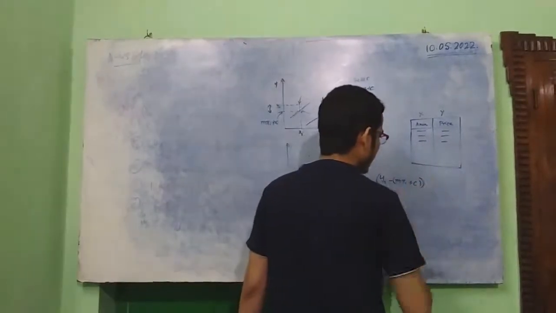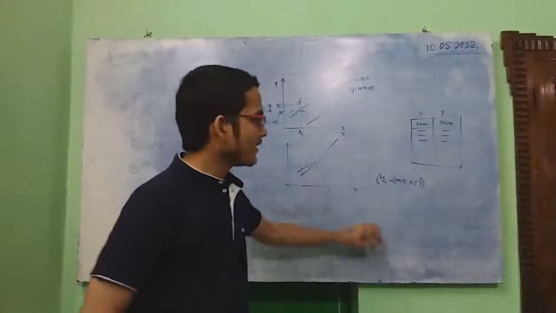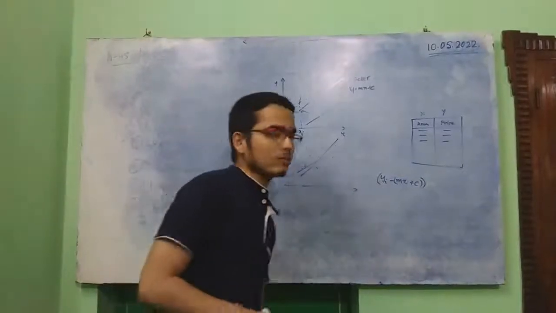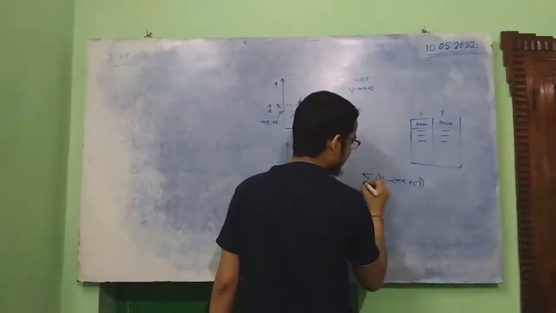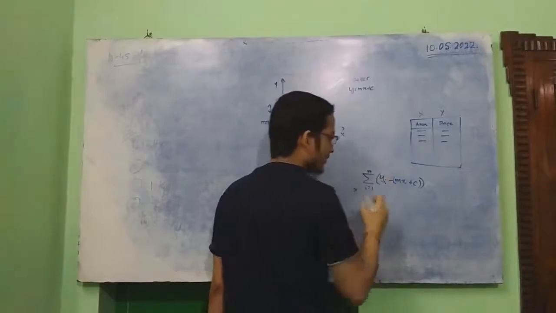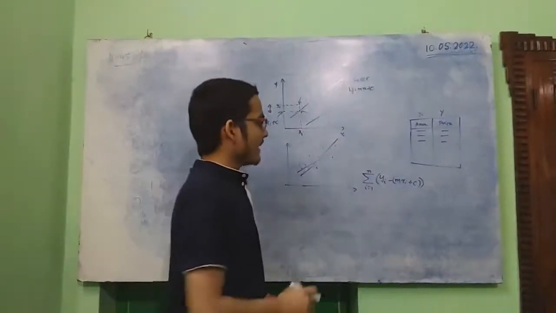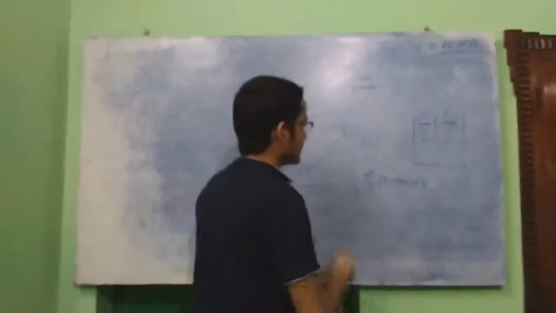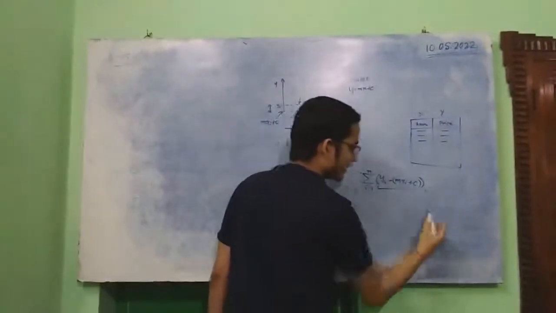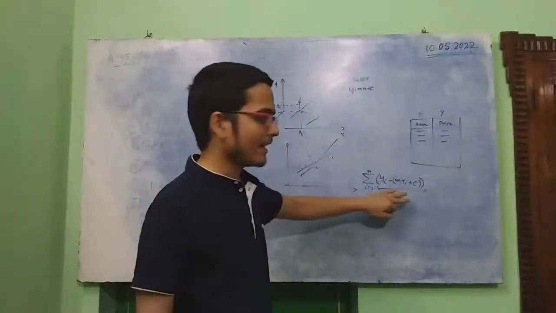So we need to minimize this error. First we are going to add it up across all the data points. So what will happen if I simply do a summation? This value may be positive or negative depending on yi and xi.